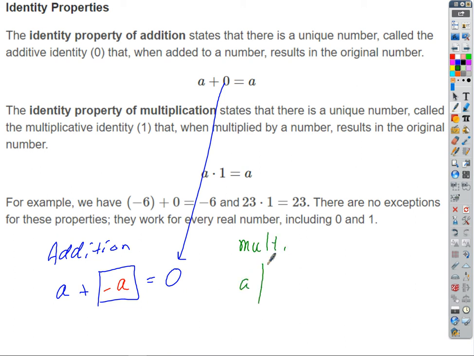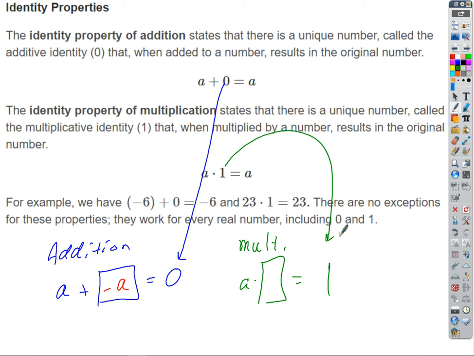our strategy is going to be the same, only this time we're multiplying. So what answer do we want to get? We multiply by the multiplicative inverse for multiplication. What should the answer be? 1, because that's the identity for multiplication. So what do I multiply A by to get 1? That's a little tricky. What would I multiply 2 by to get 1?